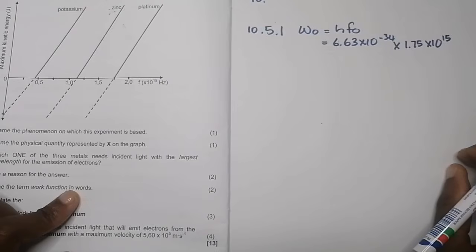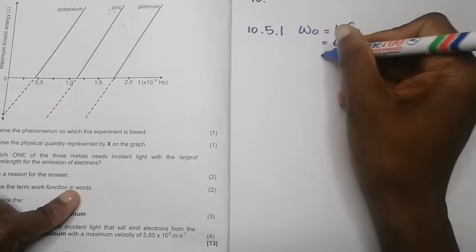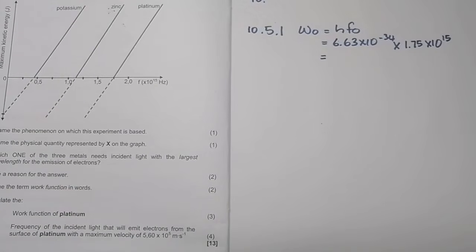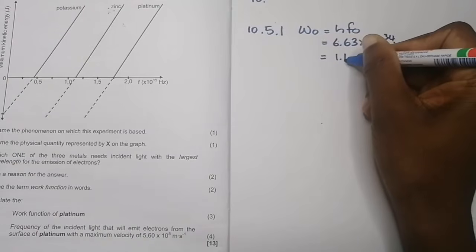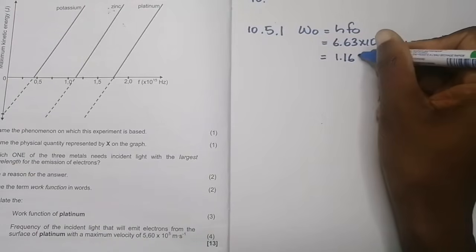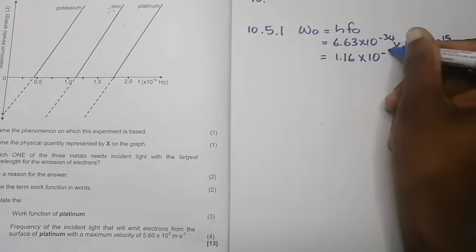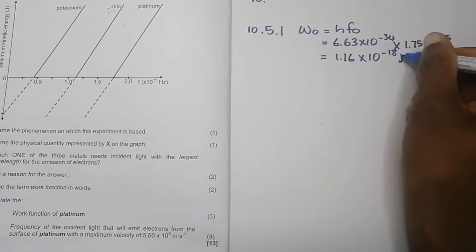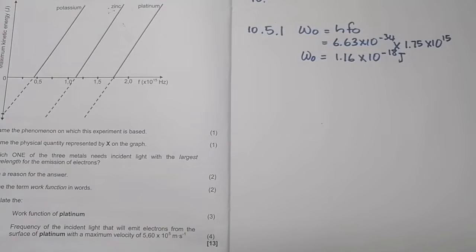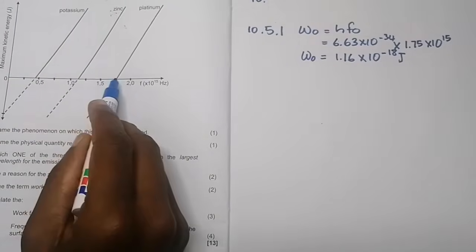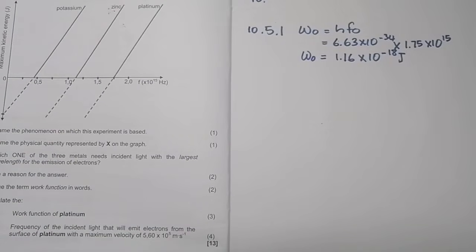And what is our work function? I get a value of 1.16 times 10 to the power minus 18 joules. So that's the work function of platinum.